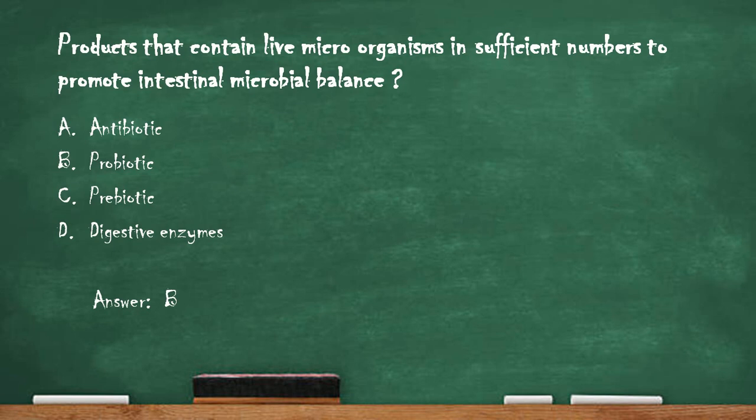Probiotics is the term used for products which contain live microorganisms in sufficient numbers to promote intestinal microbial balance. It contains active cultures or live cultures which help to promote intestinal microbial balance. So always remember that.